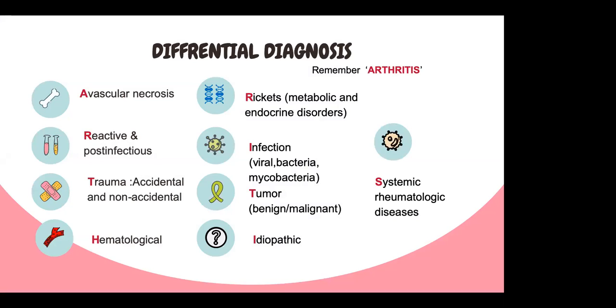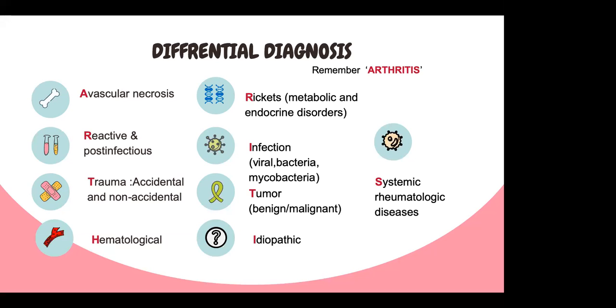To make it simple, you can think about the mnemonic ARTHRITIS. A for avascular necrosis, for example Perthes. R for reactive, from infections such as viral, streptococcal, post-gastroenteritis, or sexually acquired. T for trauma; you must remember that trauma includes non-accidental injury too. H is hematological: hemoglobinopathies, leukemia.